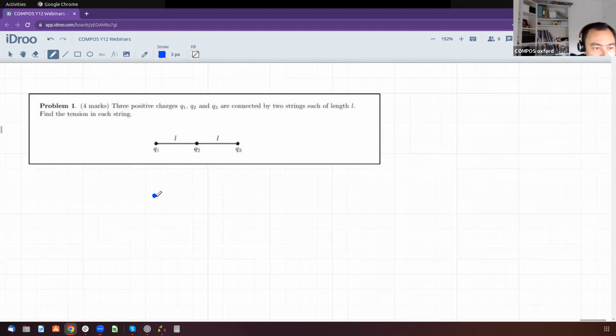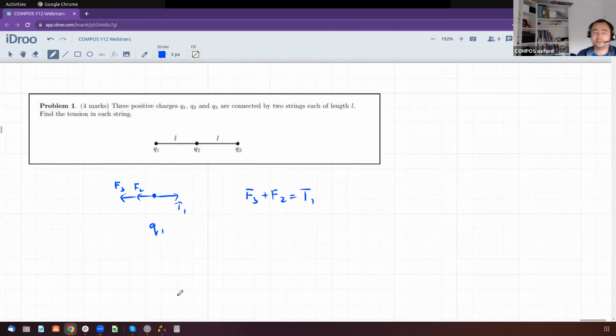Q1 has the tension force T1. And there are positive charges, so this is F2 and F3. And you would say that F3 plus F2 equals T1.